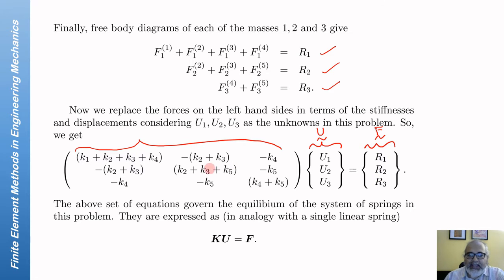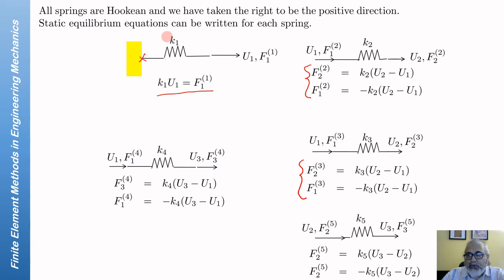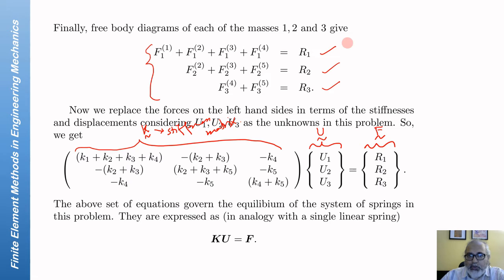And this connecting quantity is now a matrix, which we will call the stiffness matrix K. So this is the stiffness matrix. And if you plug in the constitutive forms of these forces from this slide into these sets of equations, this is the stiffness matrix that you will get.